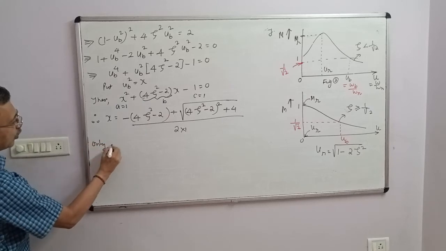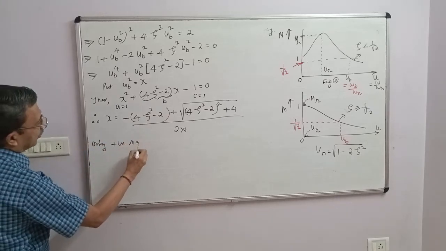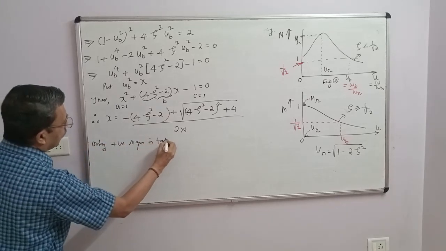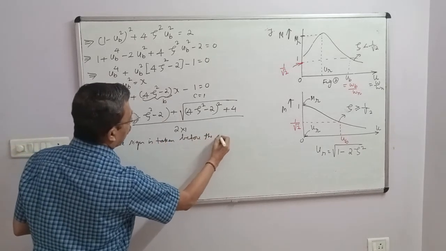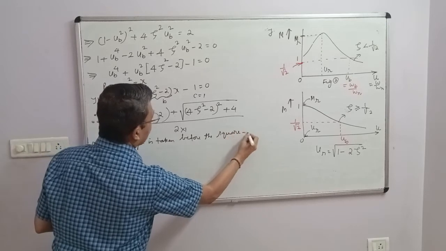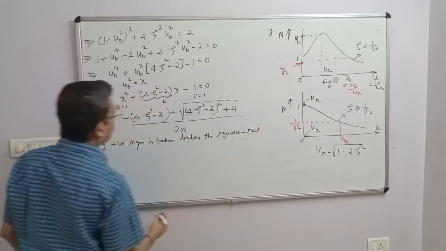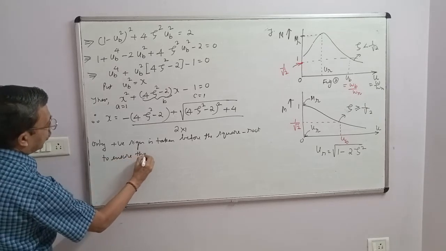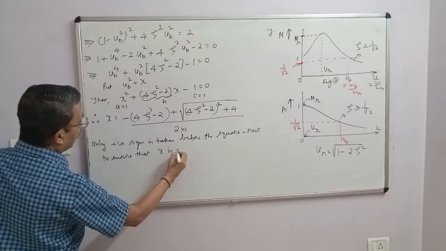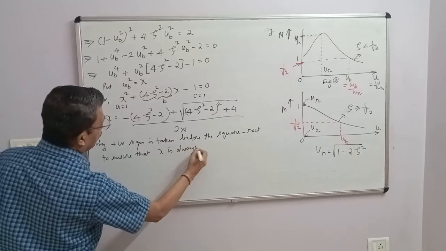Only the positive sign is taken before the square root to ensure that x is always positive.